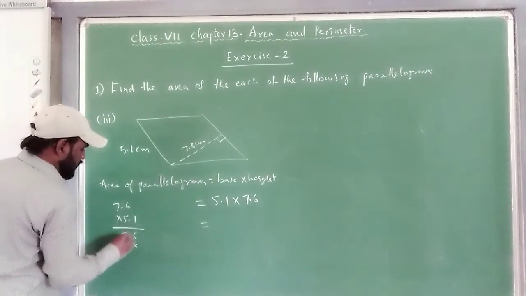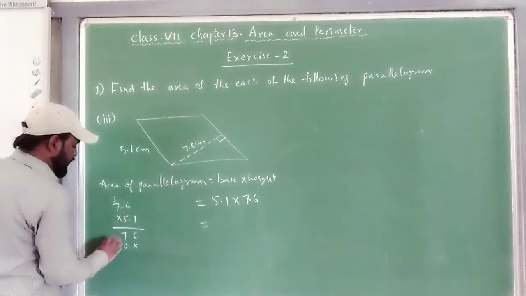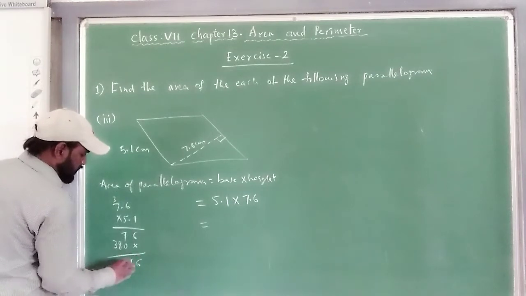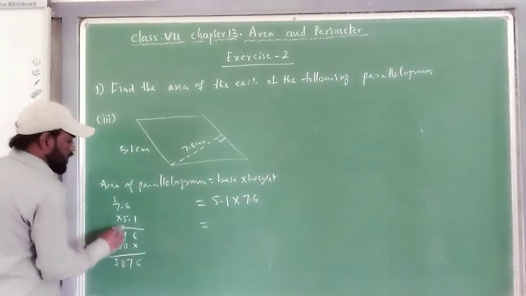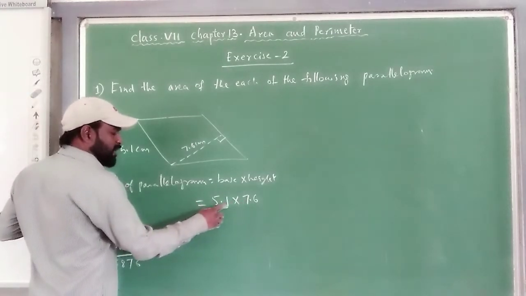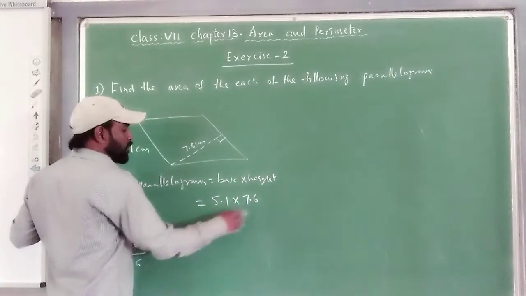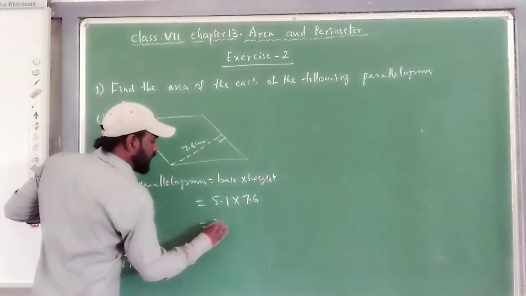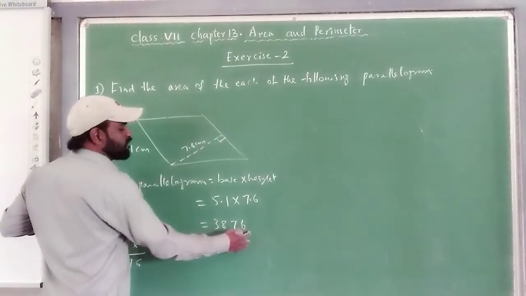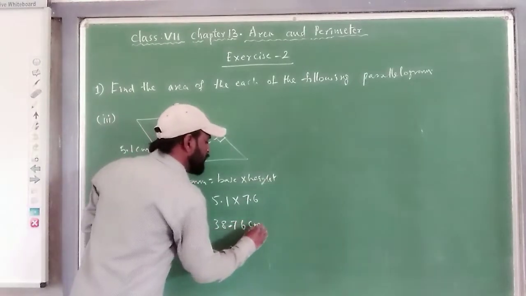Then with 5, 5 6s are 30, 0 here, we carry 3. 5 7s are 35 plus 3, 38. Now add: 6, 7, 8 and 3. So the product is 3876.